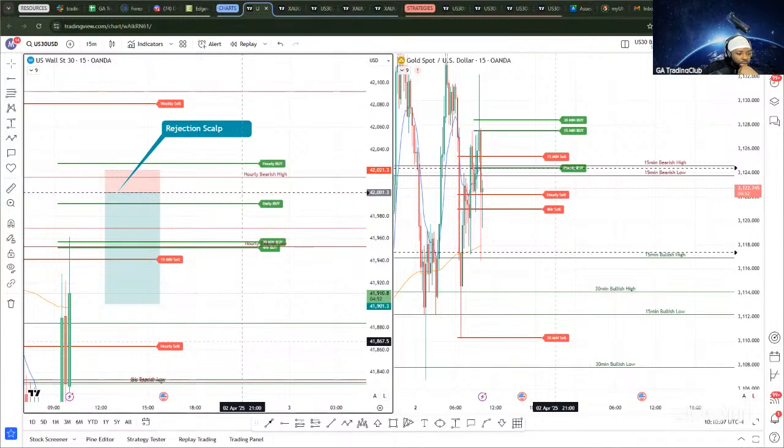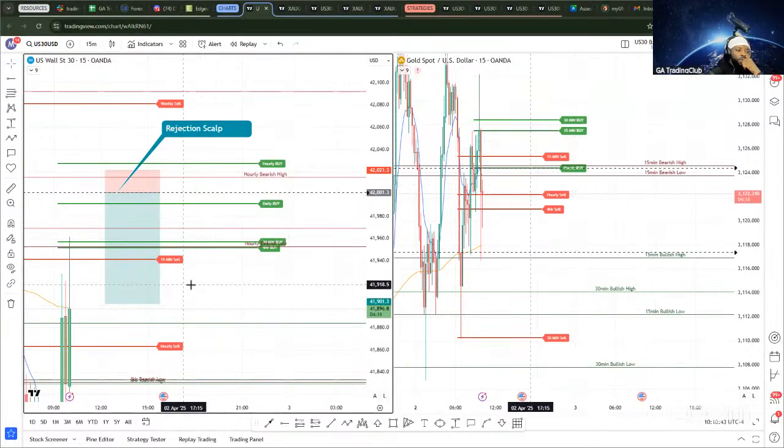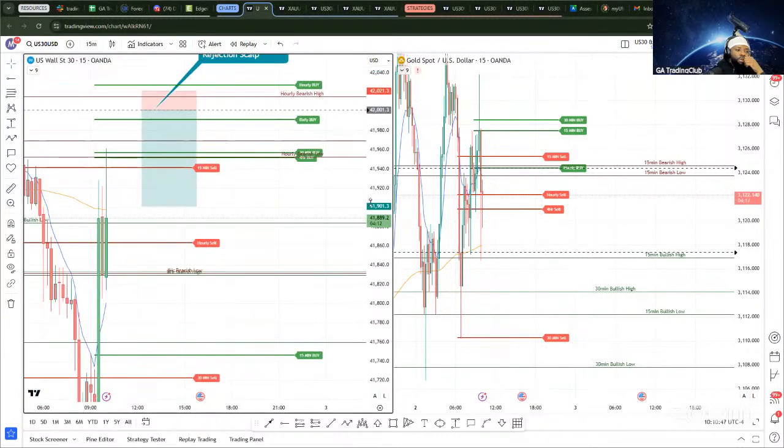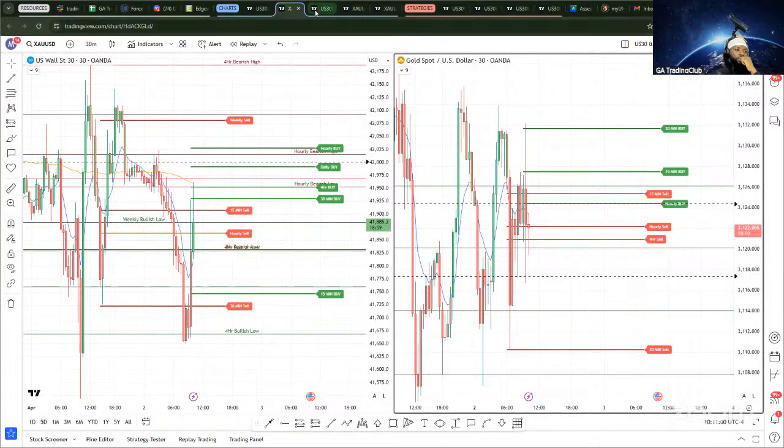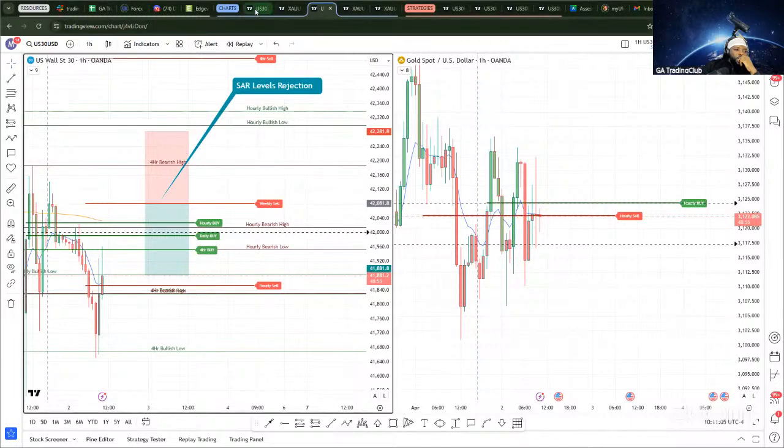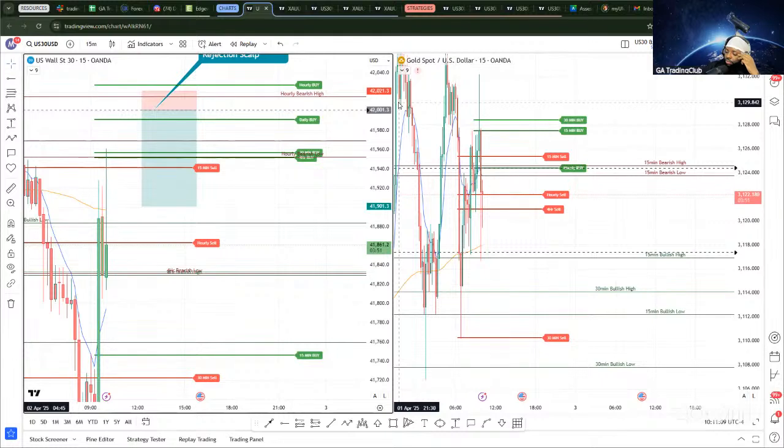I think we need a wider stop loss for gold. It's taking forever.